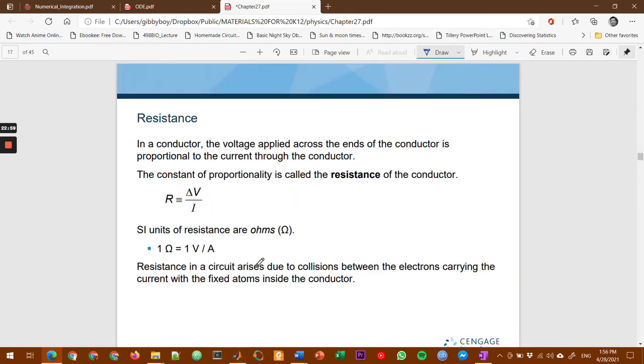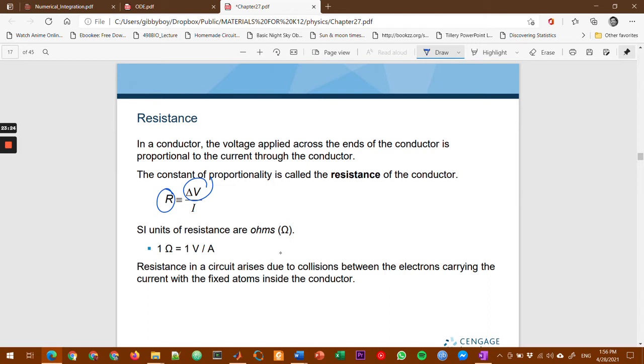Now we look at one property of conductors, and that is resistance. So in a conductor, the voltage applied across the ends of the conductor is proportional to the current through the conductor. And this constant of proportionality is called the resistance. Okay?